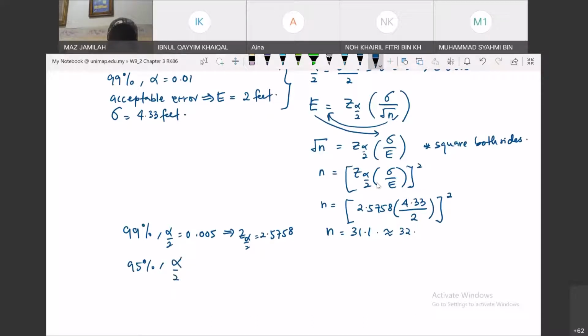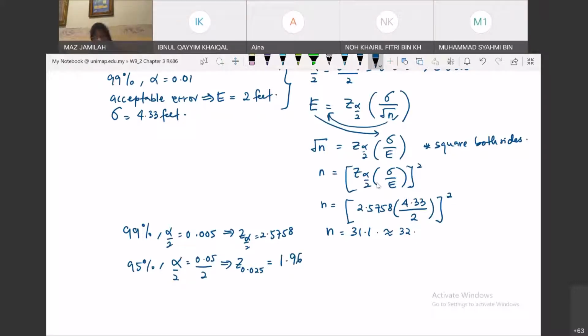Alpha over 2 is 0.05 divided by 2, which is 0.025. Can you look for Z 0.025? What is the value for that? You will get 1.96.